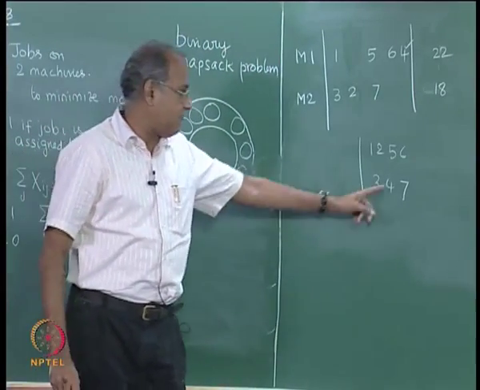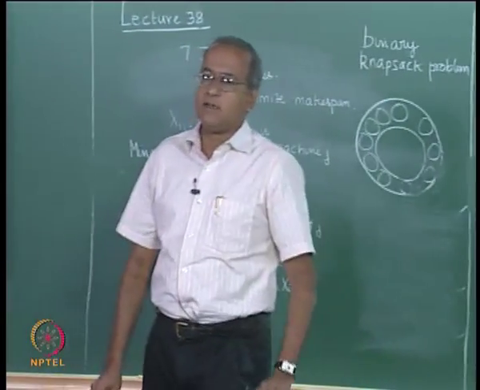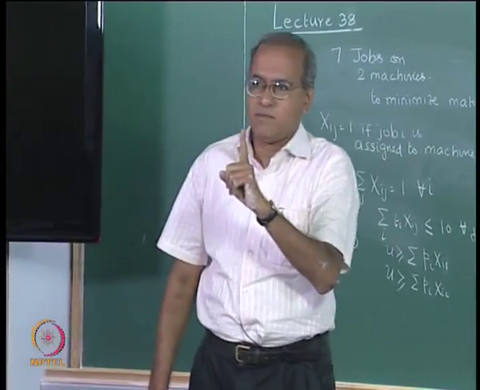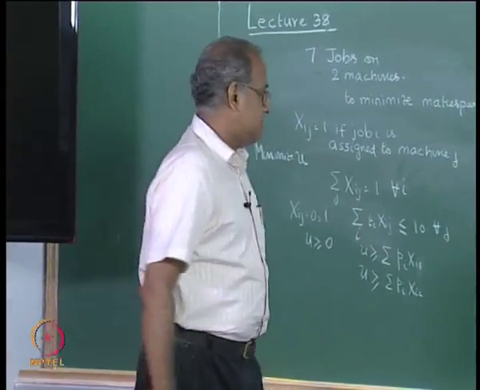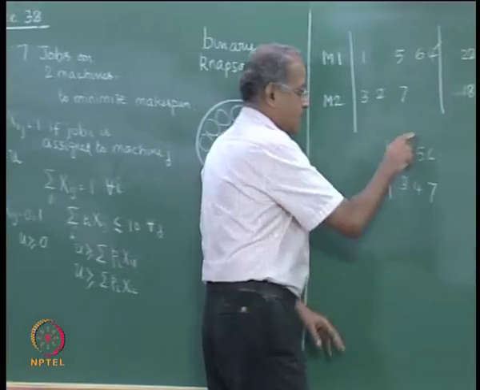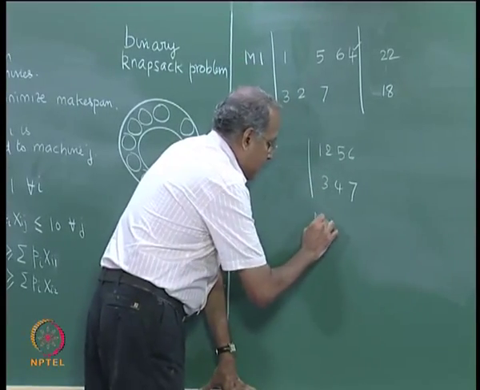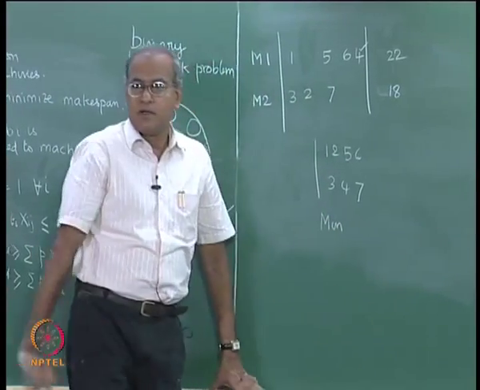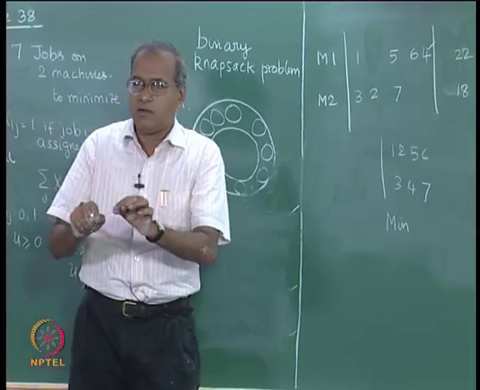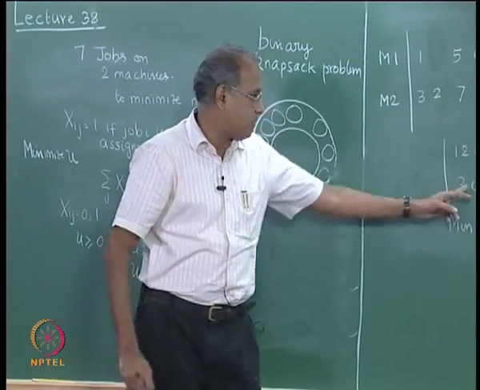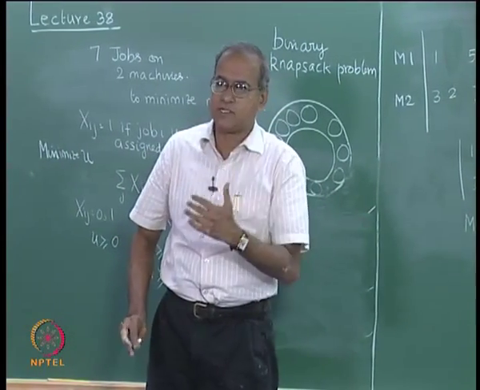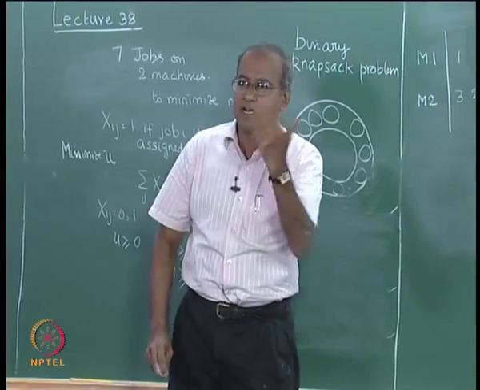Now when we did 3, 4, 7, we realized that the excess tool was 1. So which ones to move will be like this: minimize, with y3 equal to 1 if 3 leaves, y4 equal to 1 if 4 leaves, y7 equal to 1 if 7 leaves.